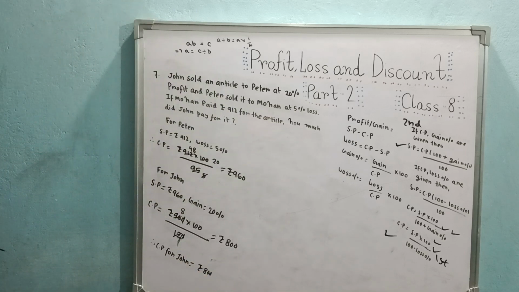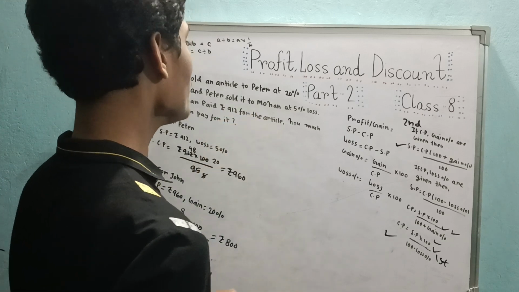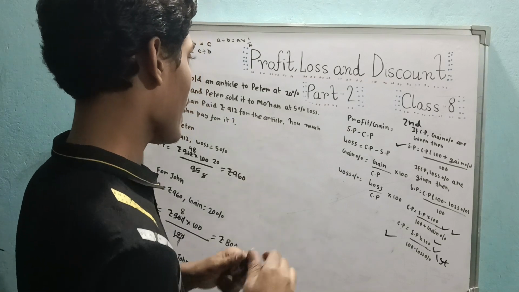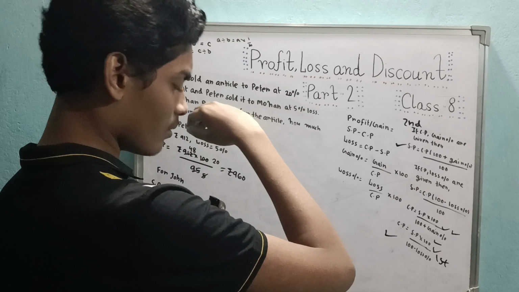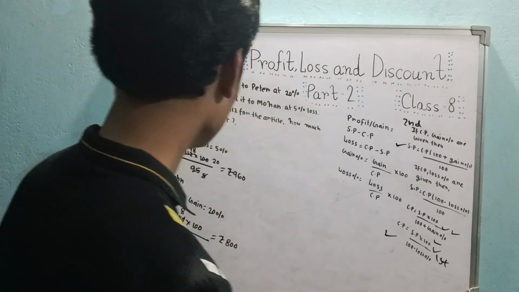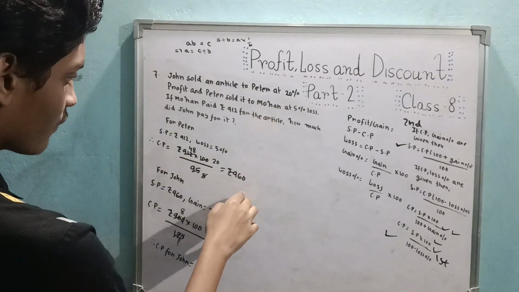See the first case. Mohan paid rupees 912 for the article, and Peter sold to Mohan. So Mohan paid to Peter. So for Mohan, Mohan paid rupees 912. That is his cost price. And as he is buying it from Peter, this price is Peter's selling price to Mohan. And Peter suffered a loss of 5%. Peter's cost price is this.